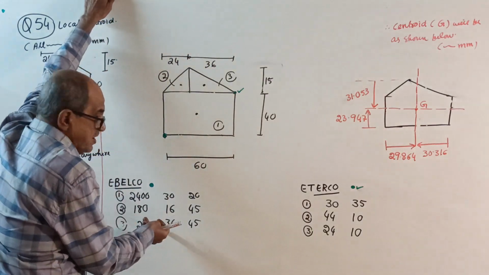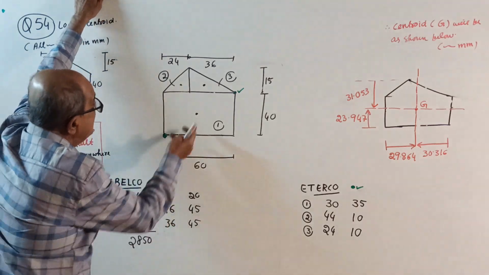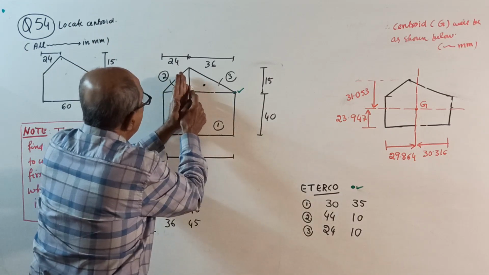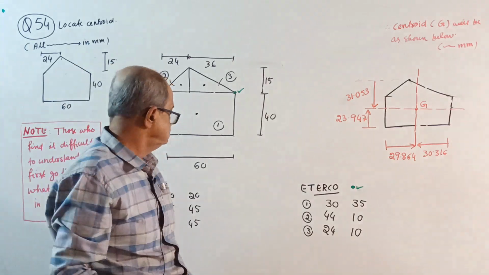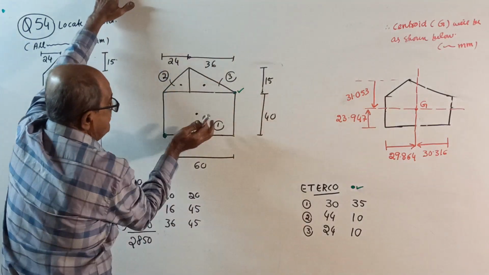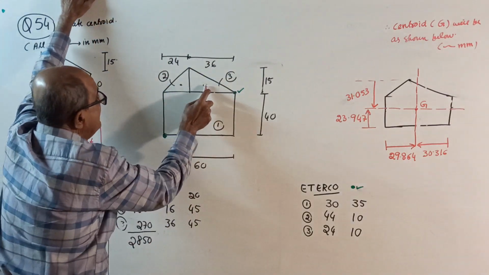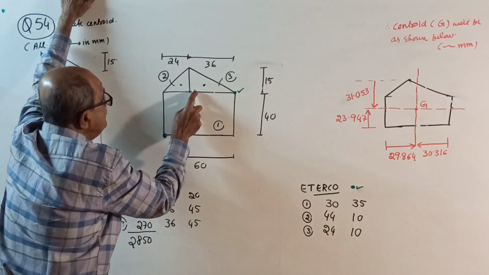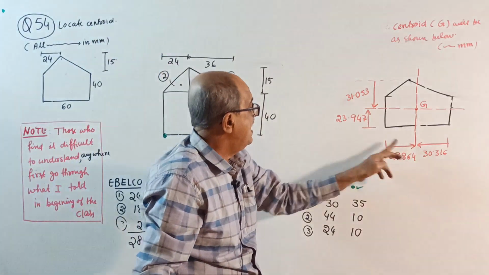I told you to write the expression here. Don't copy the number here. Don't try to search where that number is here. Do it systematically: 24 plus 1 by 3 of 36. It will come to 36. What can I do? Y from here, half of 40, 20. Second and third for both of them, 40 plus 1/3 of 15. You will get x bar and y bar.